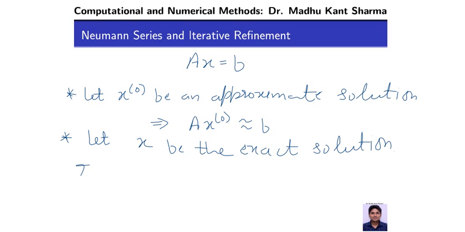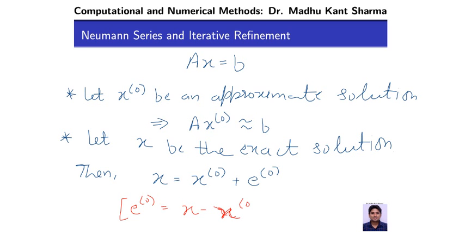Then you can write X as equal to X0 plus the error term, which we denote by E superscript 0. Here, E0 is equal to X minus X0, and it is called the error vector.